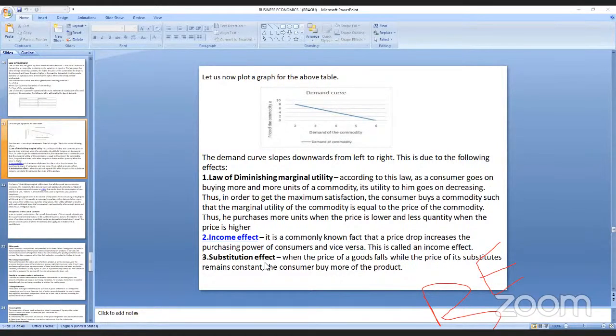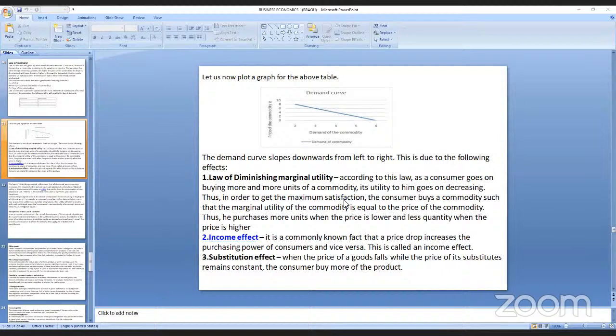When you purchase more units when the price is lower, and buy less of the commodity when the price is higher. Is it right? Got my point?